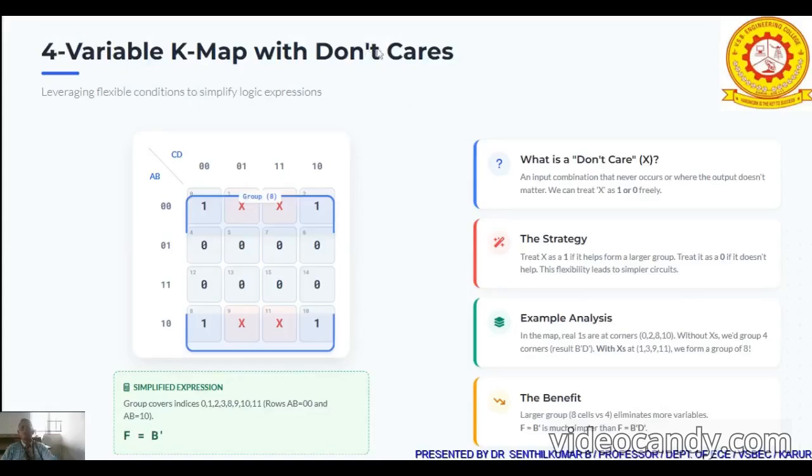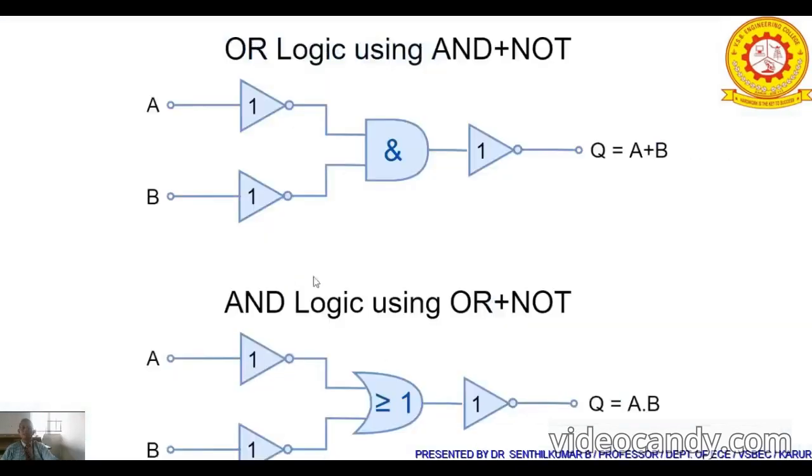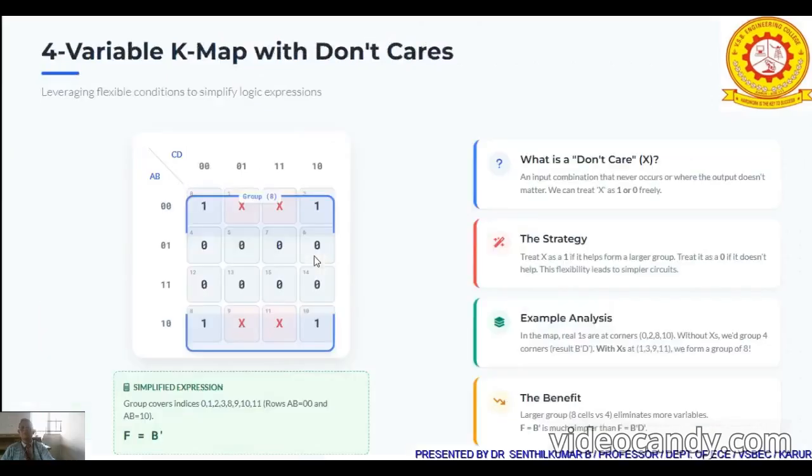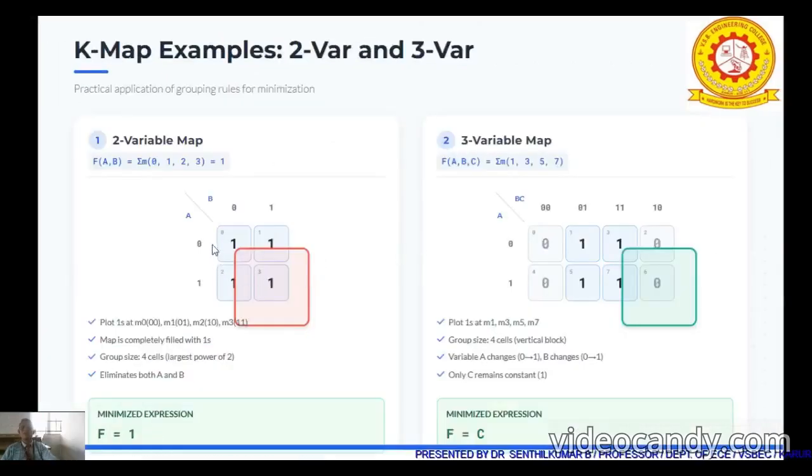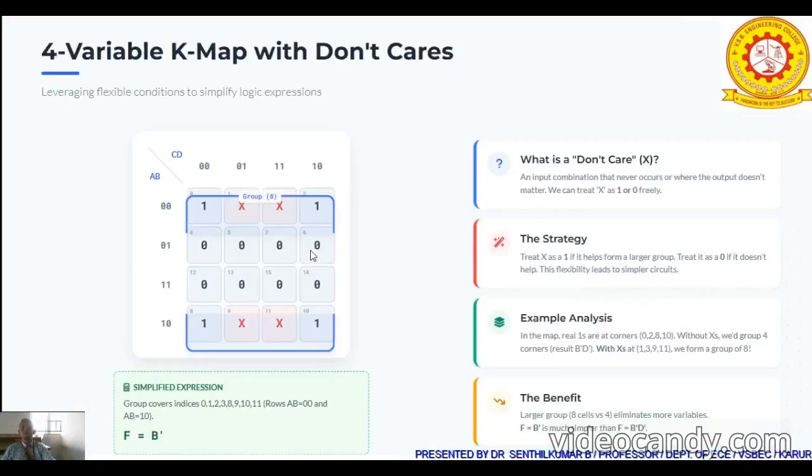4 variable K-map without don't care. In the previous cases, in these K-maps, each cell will be occupied by either 0 or 1. But in some cases, the don't care states can be effectively used.